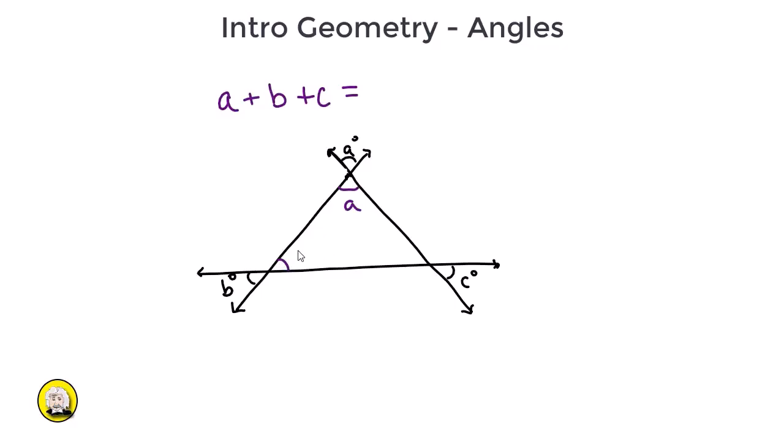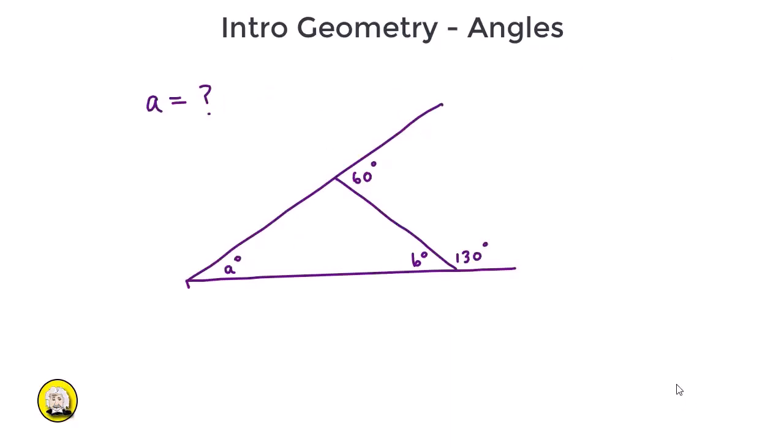This interior angle of my triangle must be B. Opposing vertical angles again. And lastly, I could use the opposing vertical angles with C to determine my interior angle here must also be C. Now I know A plus B plus C are the interior angles of my triangle. Therefore, they must sum to 180 degrees.